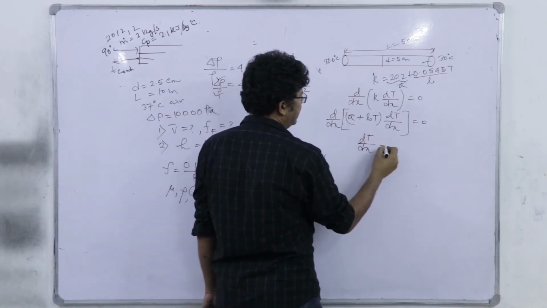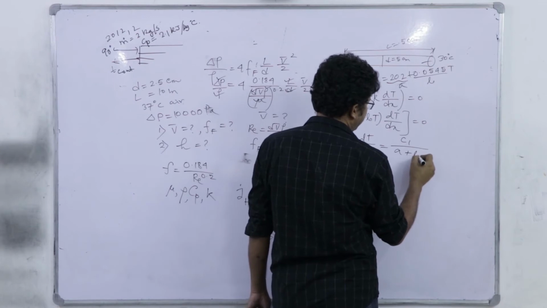So (A plus BT) dT/dx is equal to C1, that is dT/dx equals C1 divided by A plus BT.